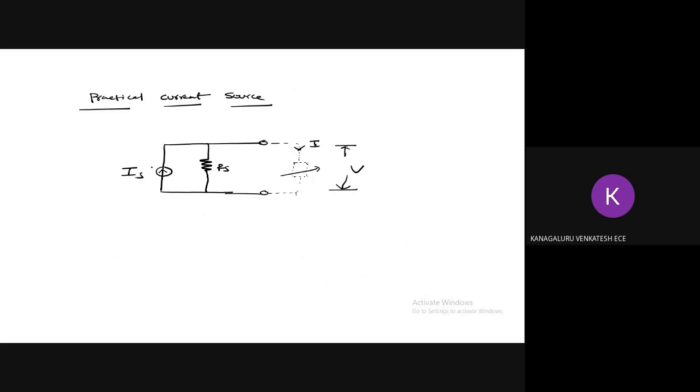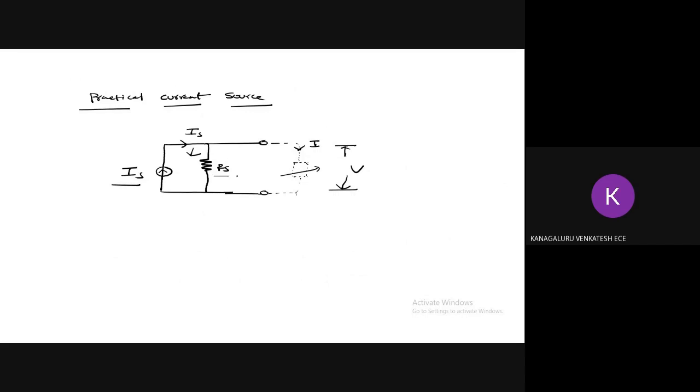Now, if you look here, the source current IS, since a source resistance RS is there in parallel, some amount of current obviously will go through the source resistance RS and the remaining current will flow to the load. Now, how can we obtain the current flowing through the source resistance?